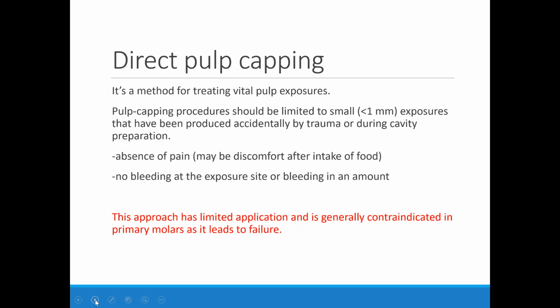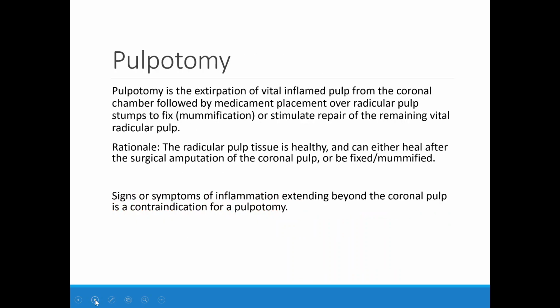That's why this approach of direct pulp capping is not effective in primary molars, and I will tell you in detail about this method in the next lecture when we will speak about direct pulp capping in immature permanent teeth.